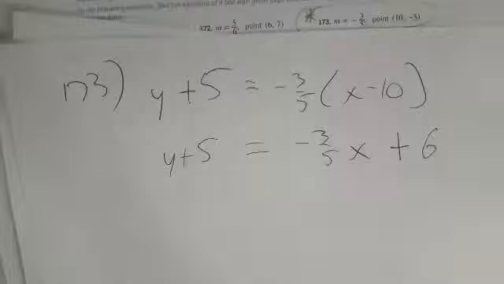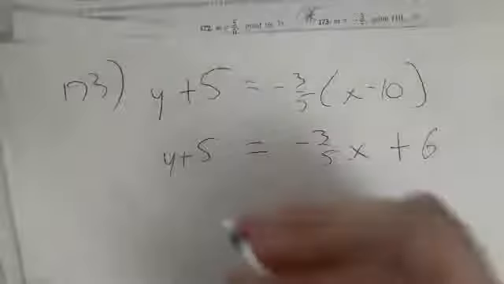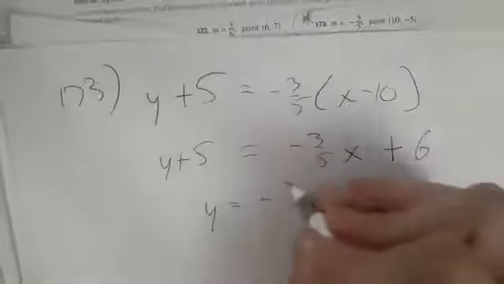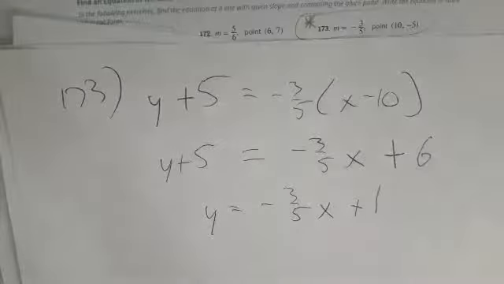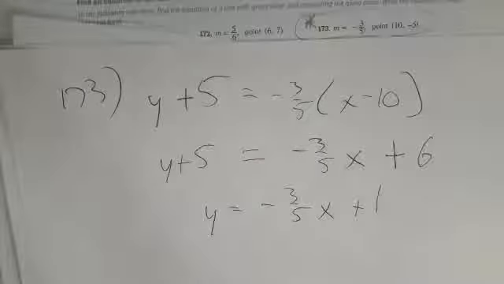And similar, we did some distribution. We have to move that 5 over, so we're going to subtract 5 from both sides. Should give me plus 1. Questions about this guy?